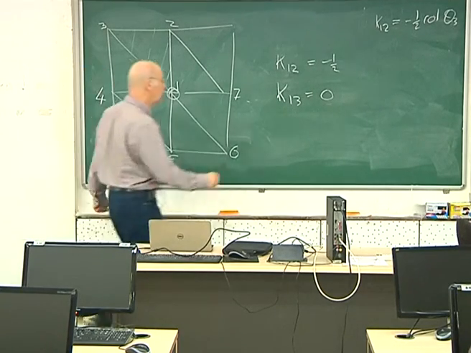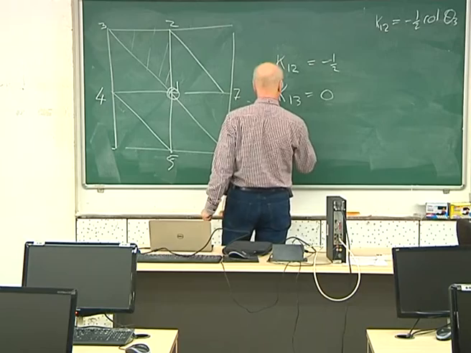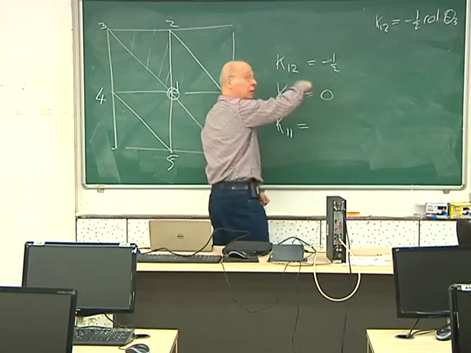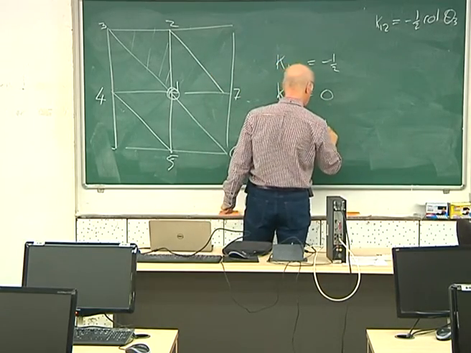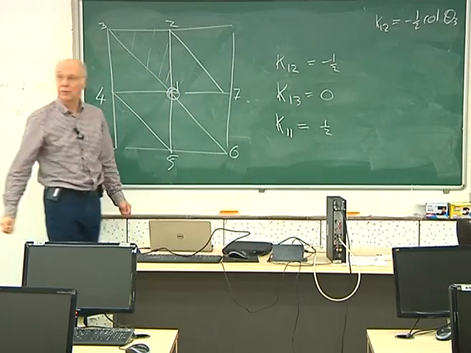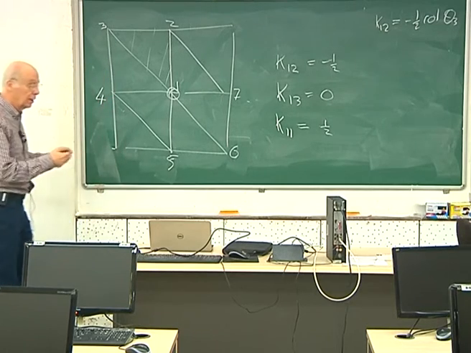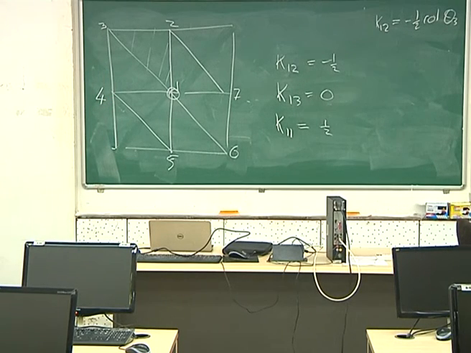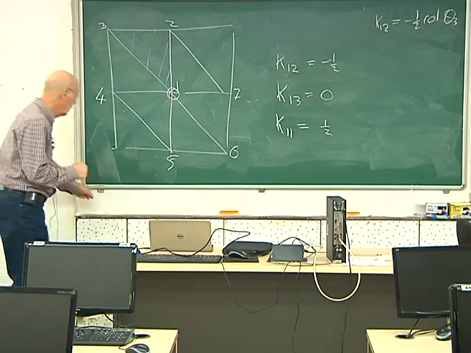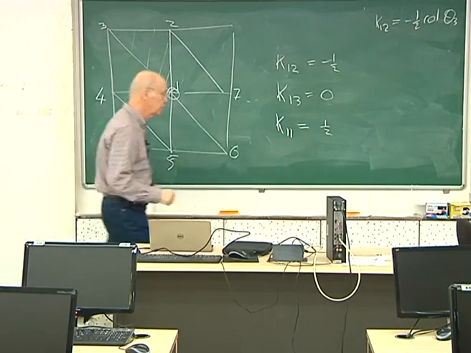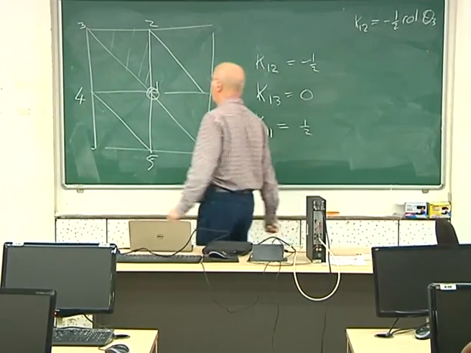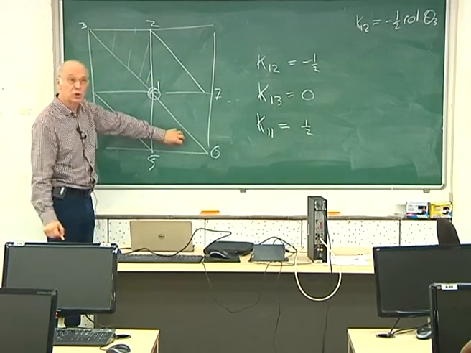And then the contribution to K11 is equal to minus the sum of those, no new one to work out, is 1/2. Okay, so that's for the first triangle. And there is another triangle just like that.